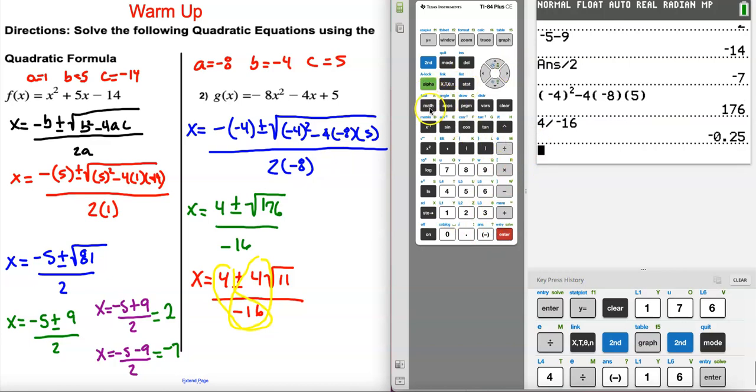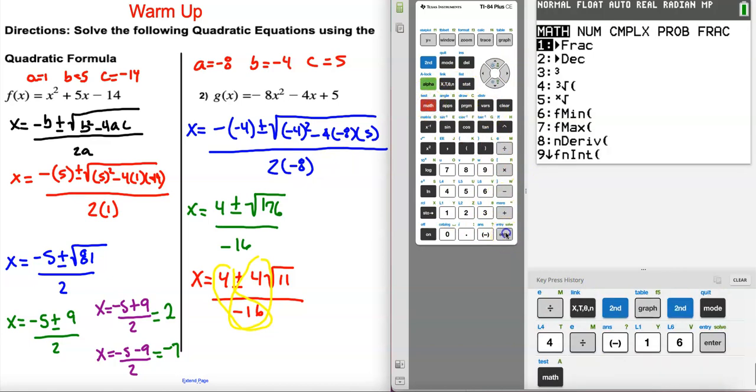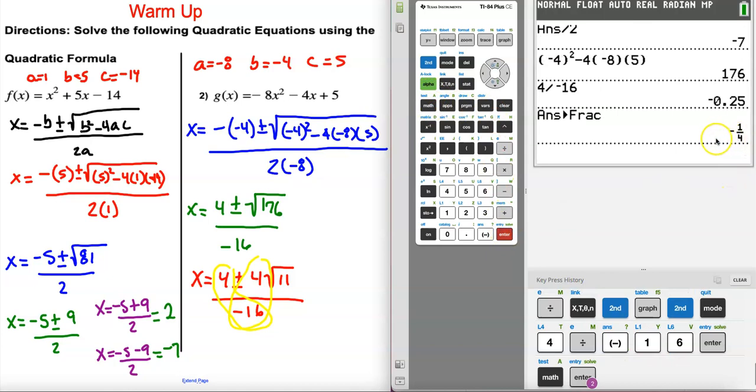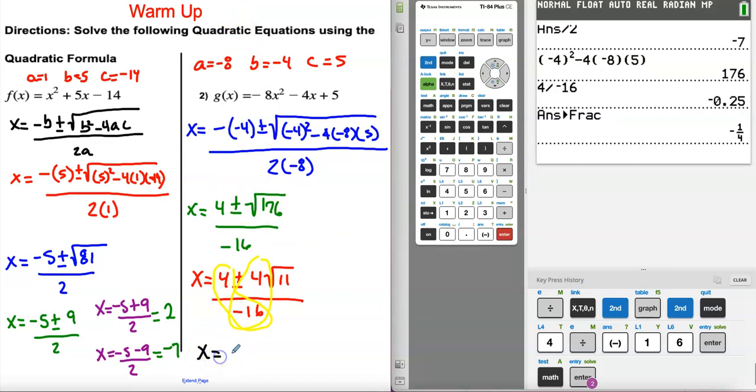It gives me a decimal number, so I change it back to a fraction, and I get negative 1/4. So x is equal to 1, and then the 4 goes on the bottom, or that should be negative 1, sorry, because it's negative 1/4.